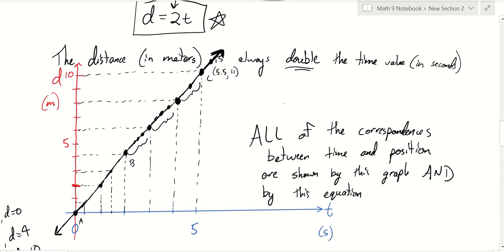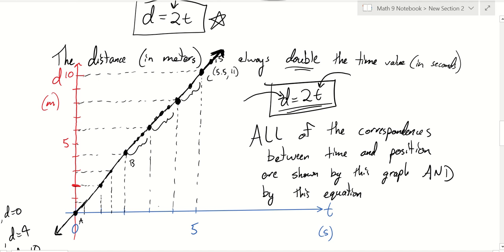Right, so here we have the equation d equals 2 times t. Right, this is the equation. This literally shows all of the correspondences because you could plug in any time t that you like, and then you could find out whatever the corresponding position d would be.